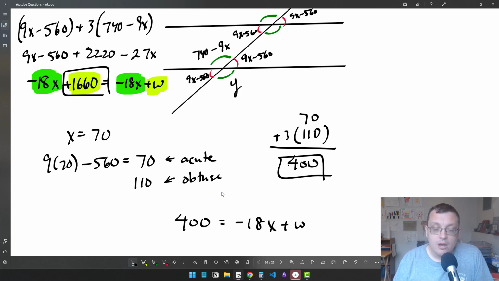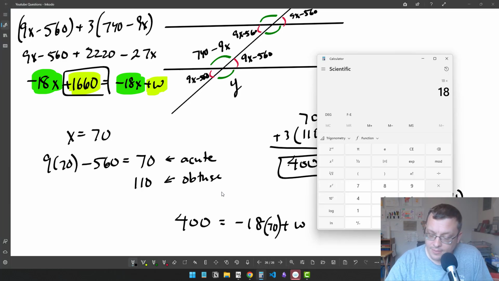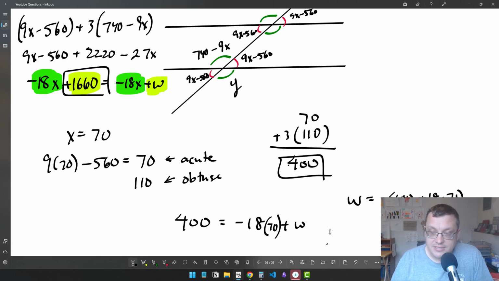Well, we know x, so let's just substitute. We chose x to be 70, and now we just have a simple equation for w. So w is going to be 400 plus 18 times 70, which is 1660. So w is 1660, and there it is.